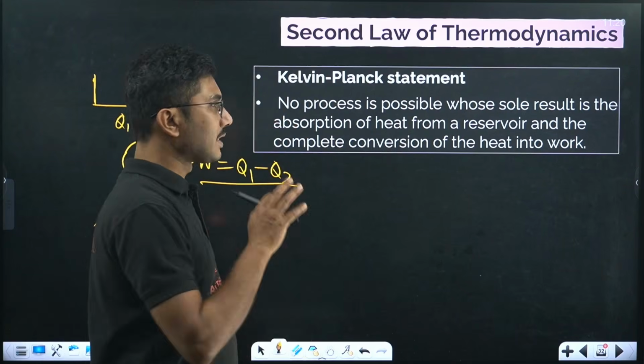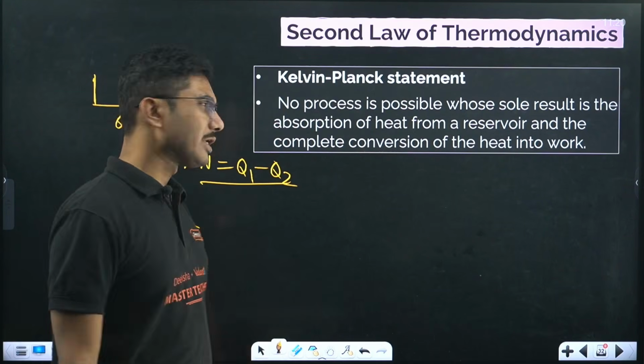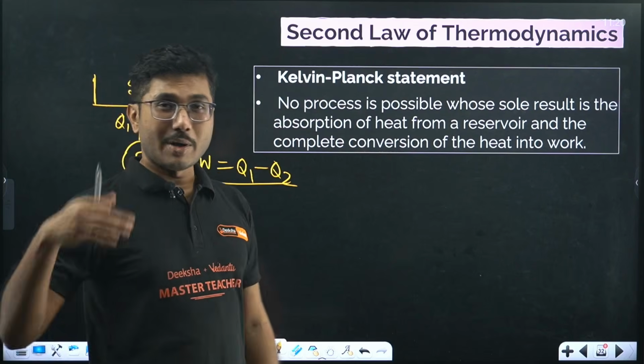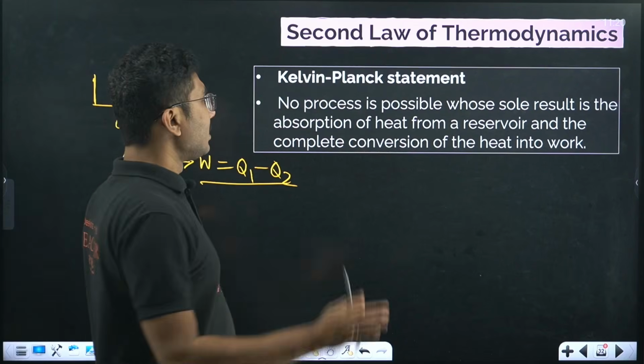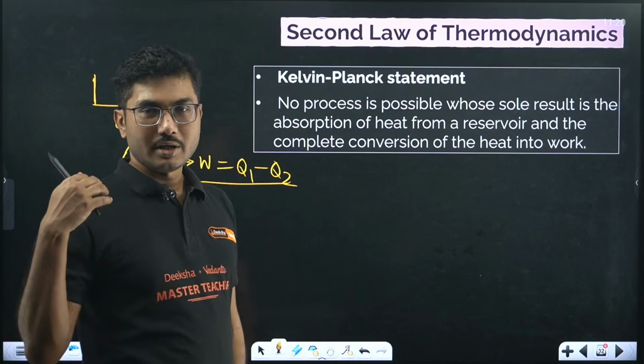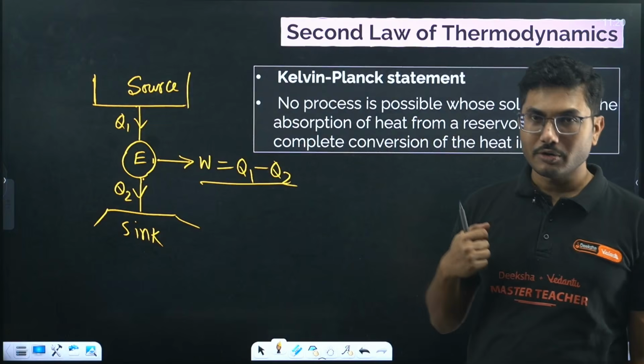That is the Kelvin-Planck statement. There is also a Clausius statement, which I don't think is important, so I am not covering it; there is no application related to it, only the statement. Remember, you cannot only absorb heat and convert the entire thing into work.